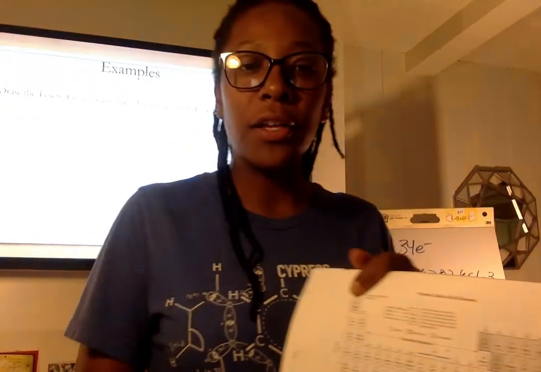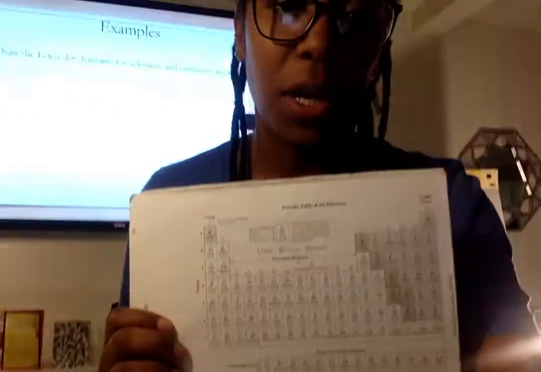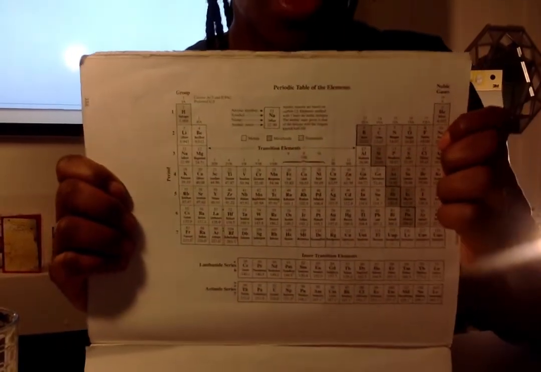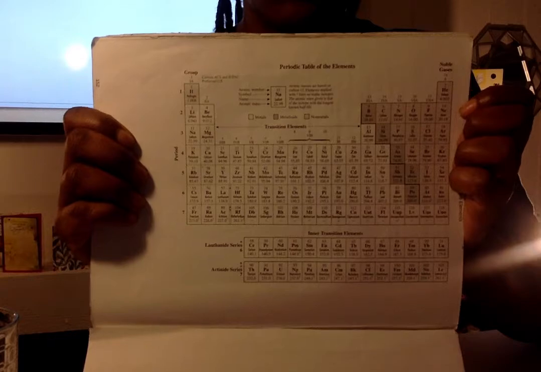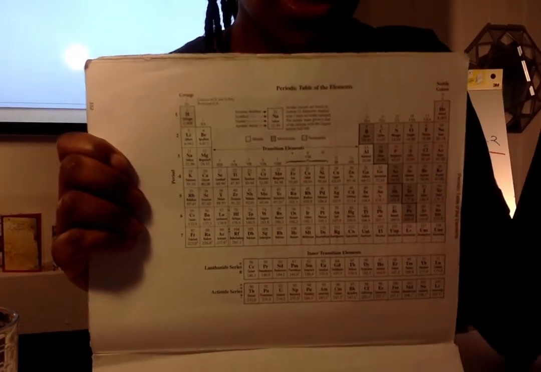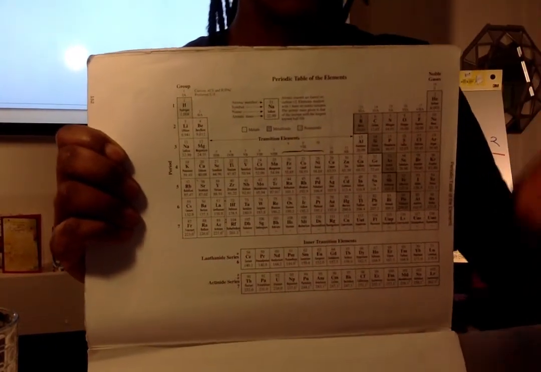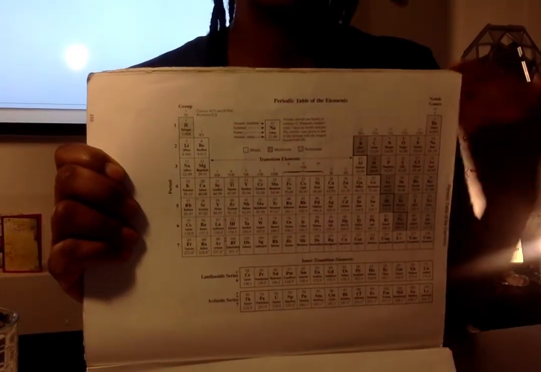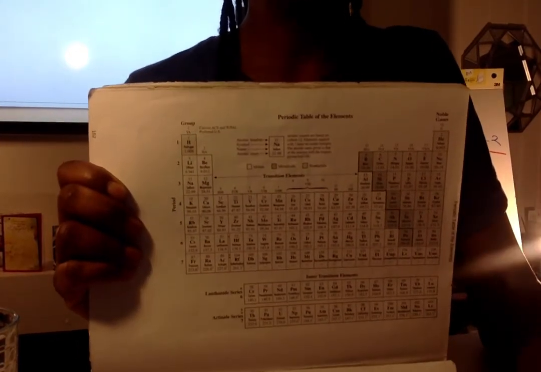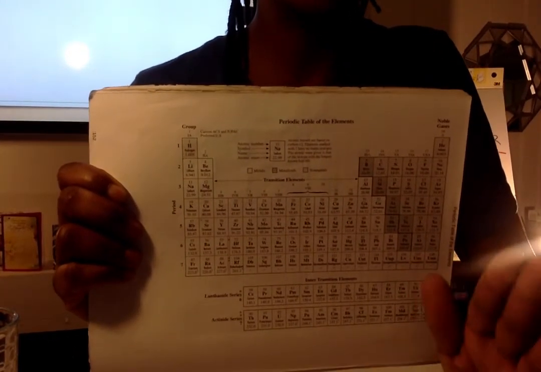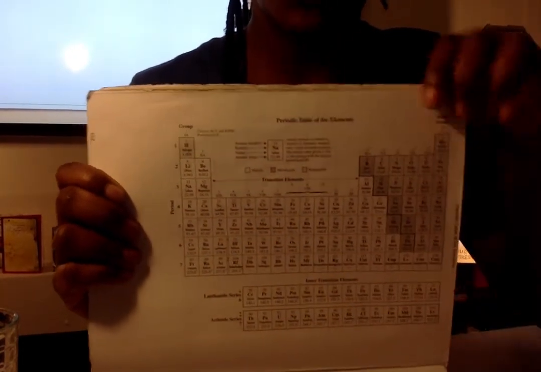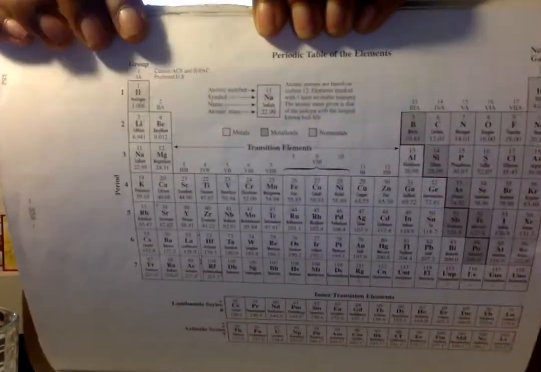Also, here's another trick to figure this out instead of always writing out the full electron configuration. It's always good to write out the electron configuration, especially if I ask. But if you just need to write out the Lewis dot structure, an easy way is to look at the numbers on the periodic table.